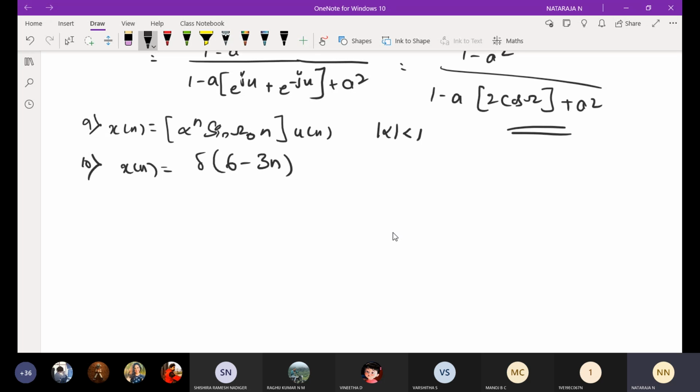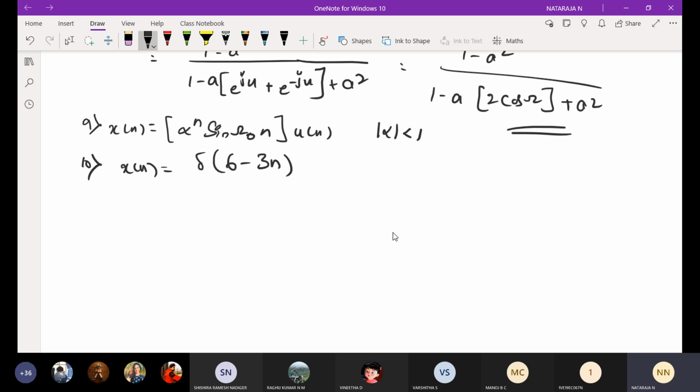Sketch its magnitude and phase spectrum. Three times they asked this in the exam for 8 marks, and one time they asked for 10 marks.